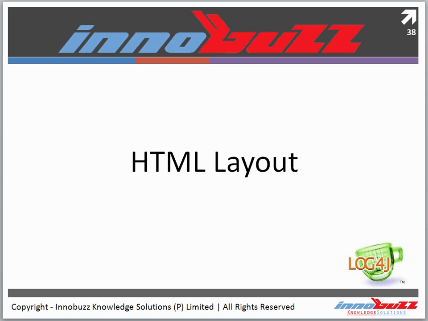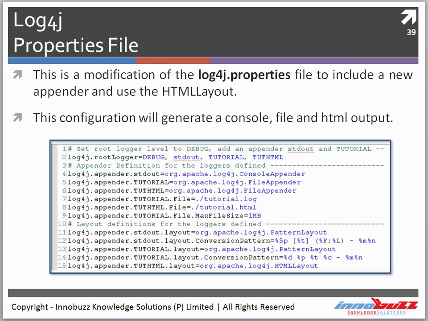HTML layout. As we said before, we can use an HTML layout. This is very useful if you plan to see or present the log events on a web page. Take a look at the example. For these properties, we have standard out, file, and HTML outputs.